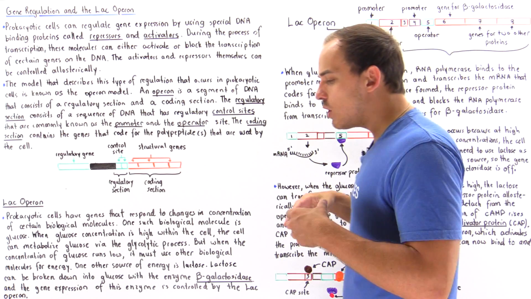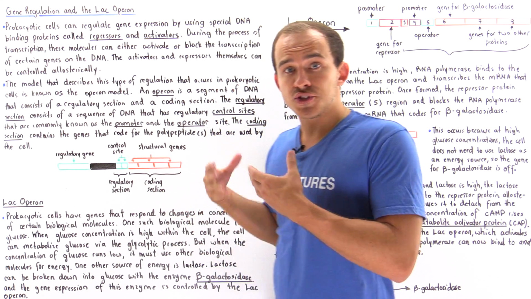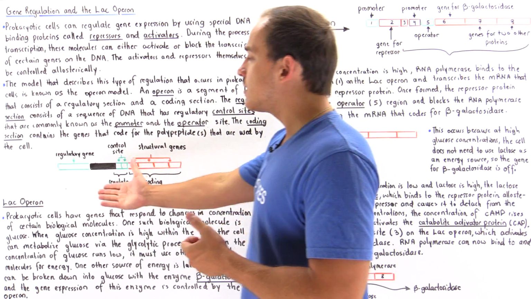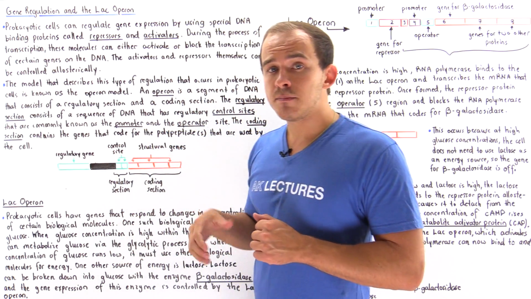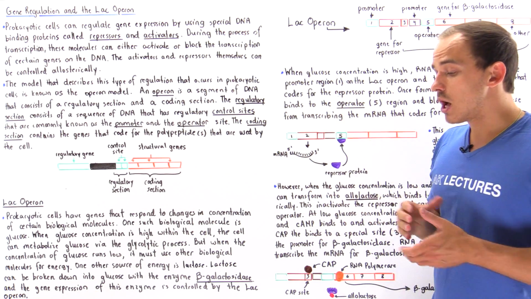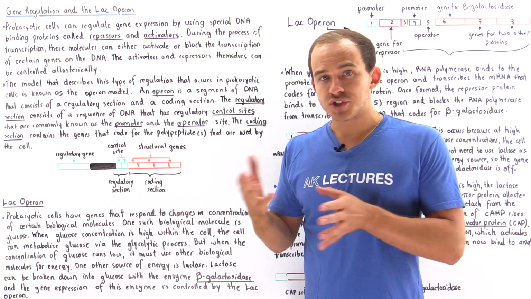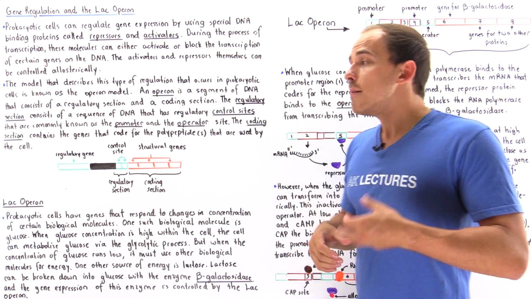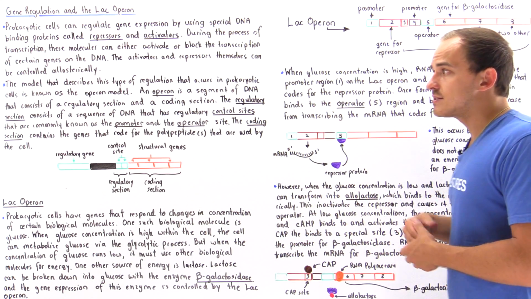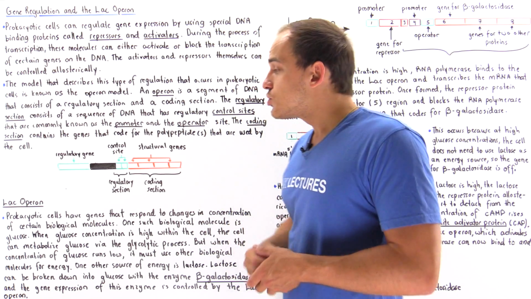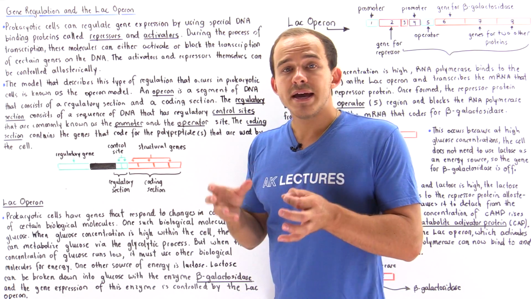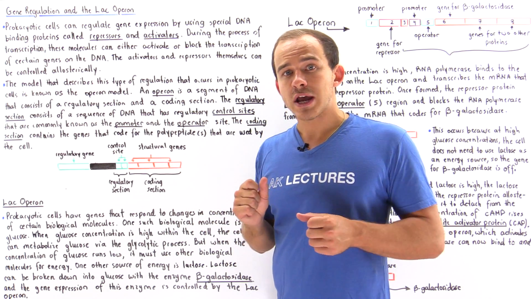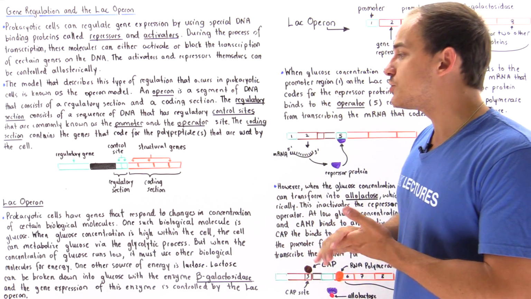Now, to gain more intuition and understanding of what the operon is and how it actually works, let's take a look at one particular example of an operon known as the Lac Operon, which stands for the lactose operon. This is the operon that is used by a certain type of prokaryotic cell known as E. coli. So prokaryotic cells basically control the genes by using the change in concentration of certain types of biological molecules.